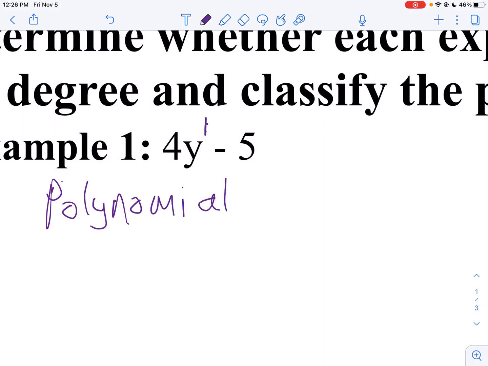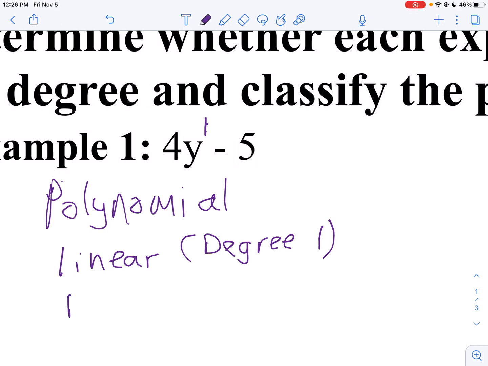It's y to the first power. So it's a first degree, which we call linear. So this is linear. I'll say degree equals 1. Notice there are 2 terms, 1, 2. So this is a binomial. So a lot of times we'll say this is a linear binomial.